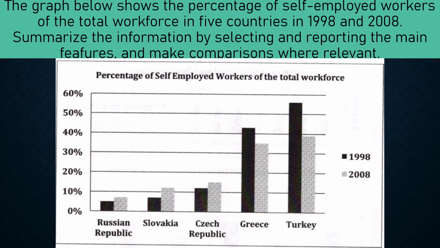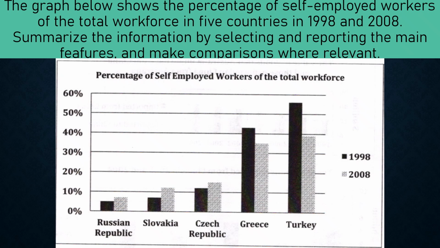They were much less in number and doing their own business as compared to Greece and Turkey. So it's up to you, whatever method you apply. But I'm going to tell you about comparing 2 things according to the year.